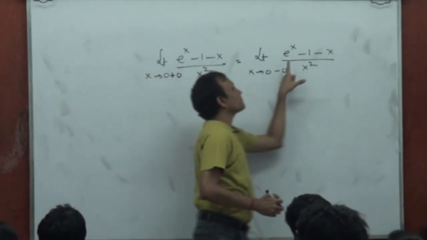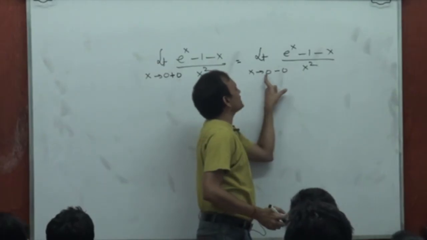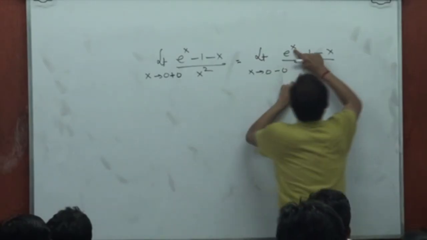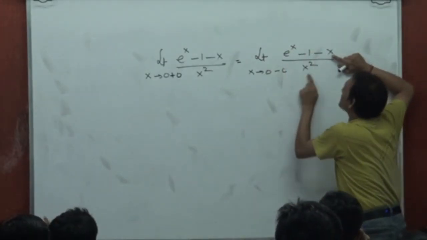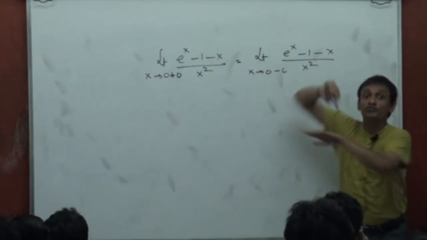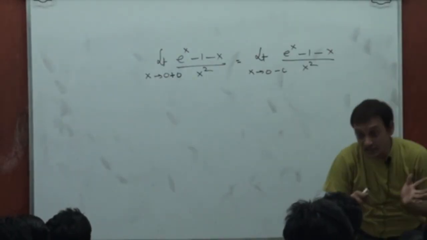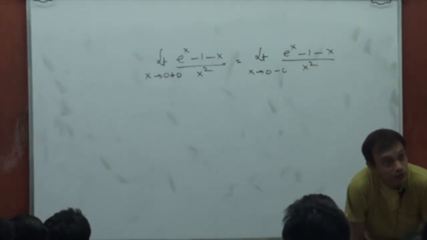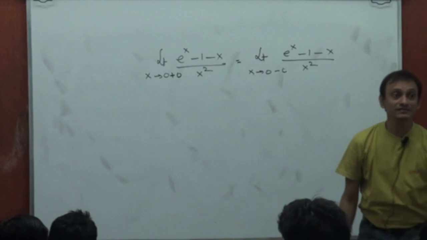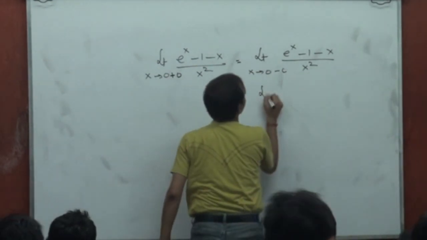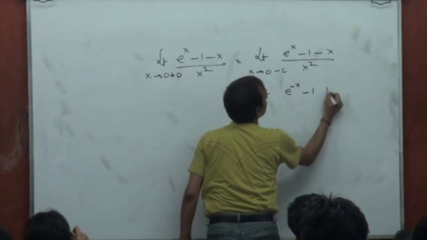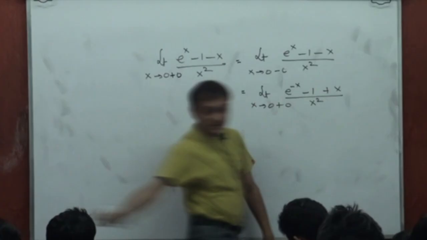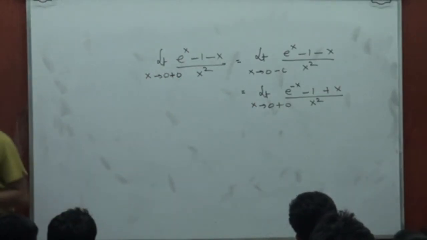Now in this I can replace x by minus x, and then x tends to 0 from the greater than 0 side. Yes or no? If x tends to 0 from the less than 0 side, minus x tends to 0 from the greater than 0 side. You know what I'm saying? This is the same as (e power minus x minus 1 plus x) by x squared, x tends to 0 from the greater than 0 side, replacing x by minus x.